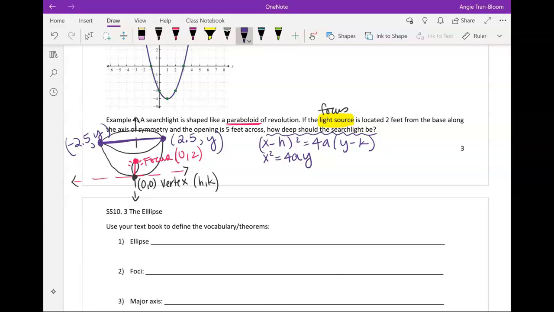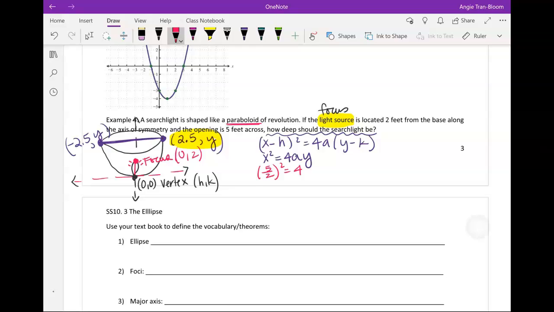Well, I do know x. X is, according to this, 2.5 when y is unknown. I can definitely plug that in. So 2.5 is really (5 over 2) quantity squared equals 4a y. Well, I have one equation and 3 variables. I know what x is, I can plug that in.